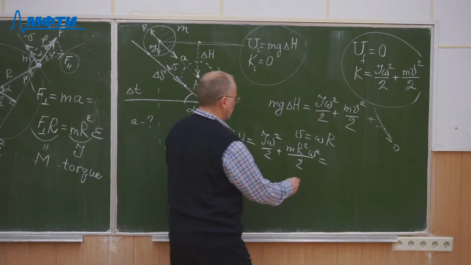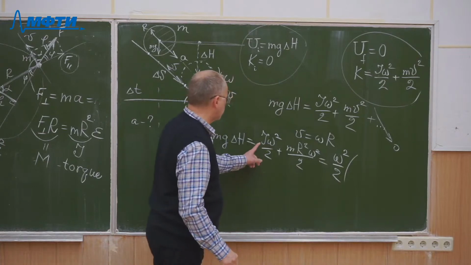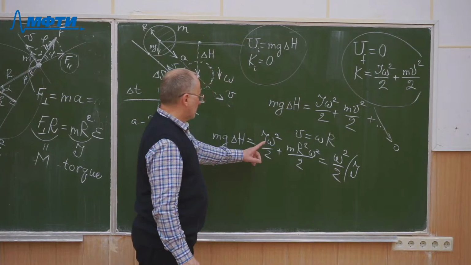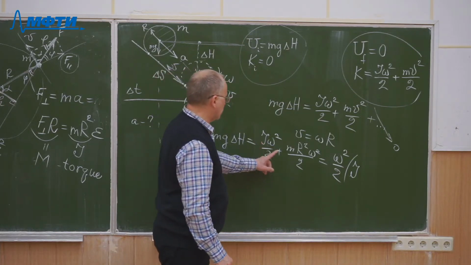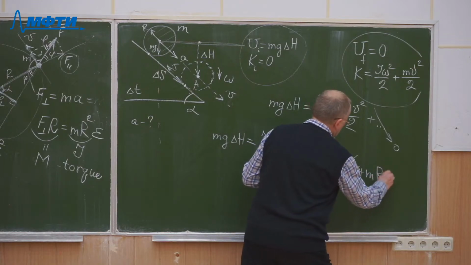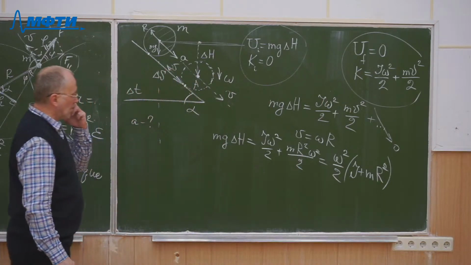That gives omega squared over 2, and in round brackets, I will have moment of inertia I plus m r squared.